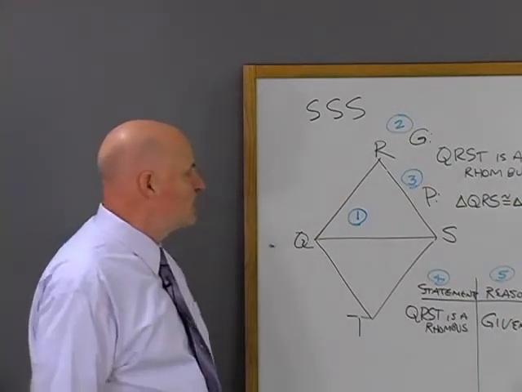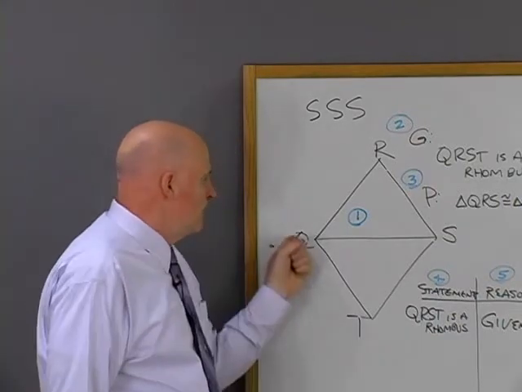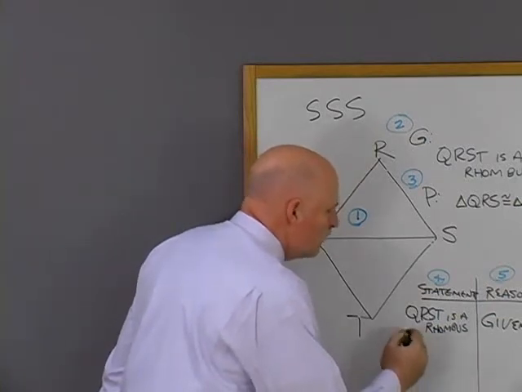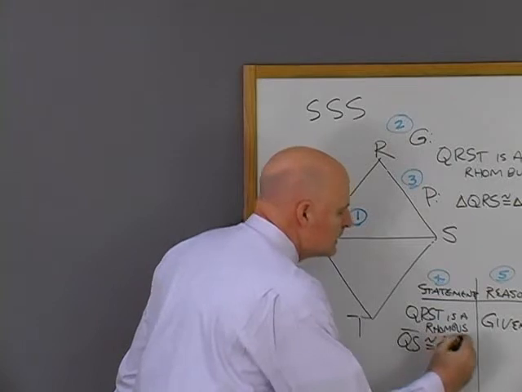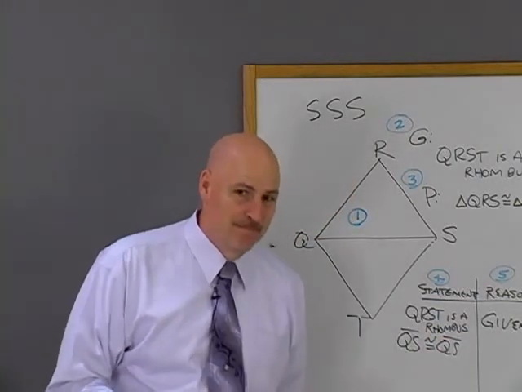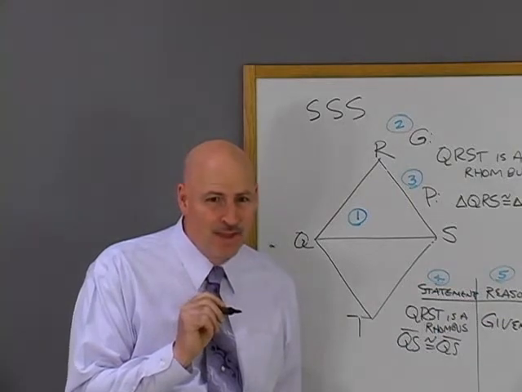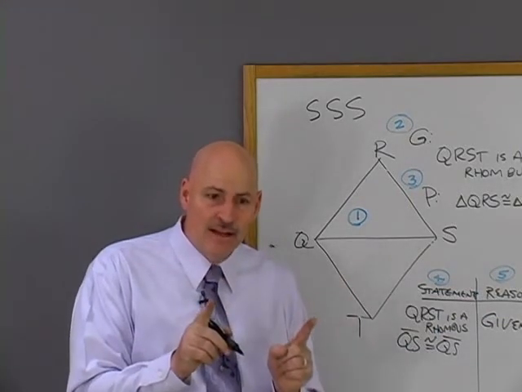So which one do you want to start with? QS. QS is equal to QS, and we can put line segment QS is congruent to line segment QS. What's the reason? You remember those duh moments that we went through? Because it's the same side. Remember A equals A?